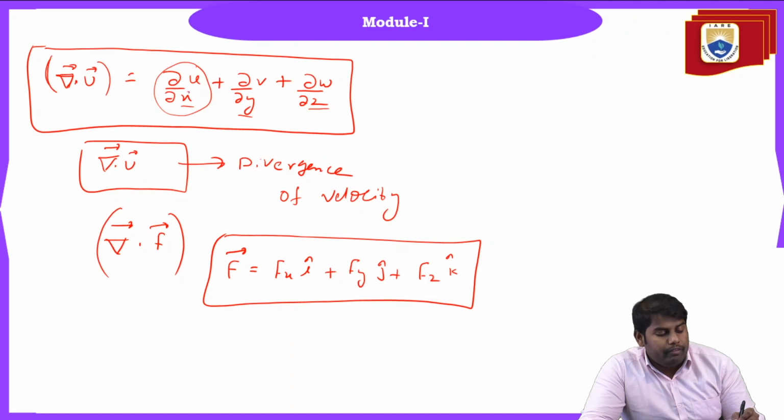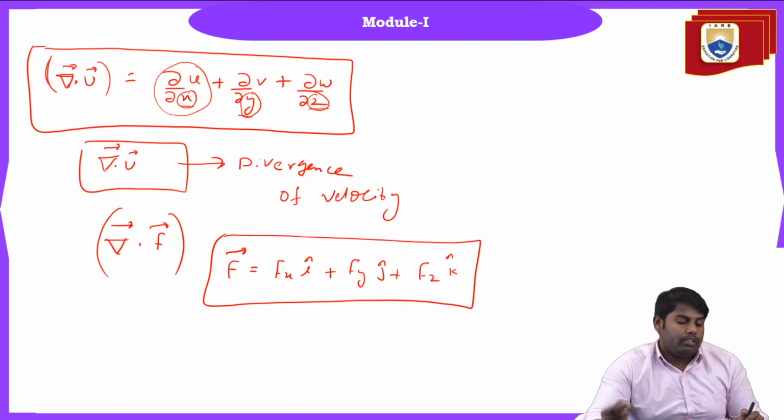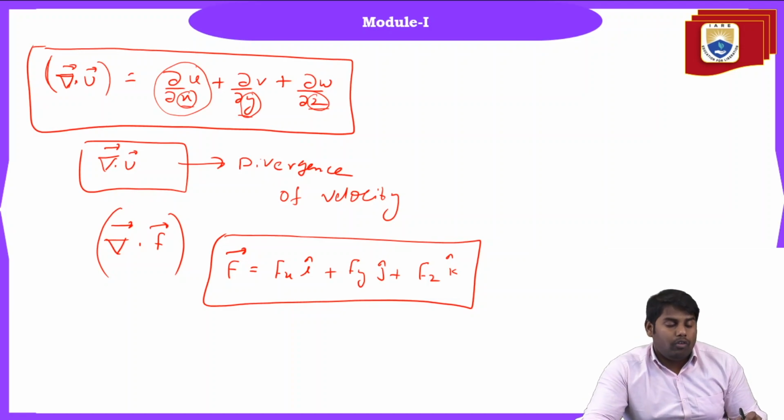So when the u velocity, the v velocity and the w velocity are changing with respect to x, y, z, these things are noted. So this is for the full form.